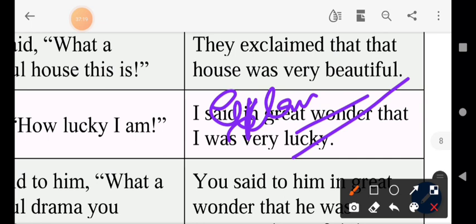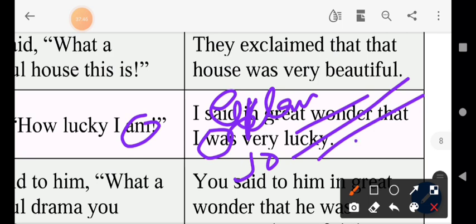I was so lucky. Instead of very, so is also used. I am, simple present tense, changes into I was so lucky. Am is present tense, was is past tense. I exclaimed wonderfully that I was very lucky. I was so lucky. Before an adjective we use an adverb, my dear students.